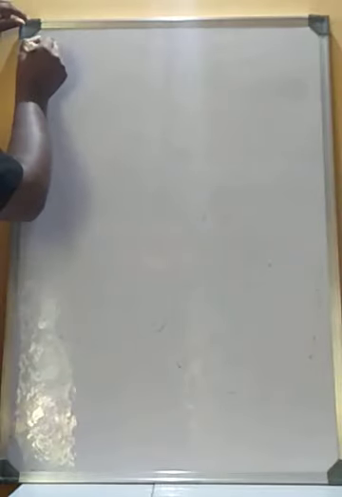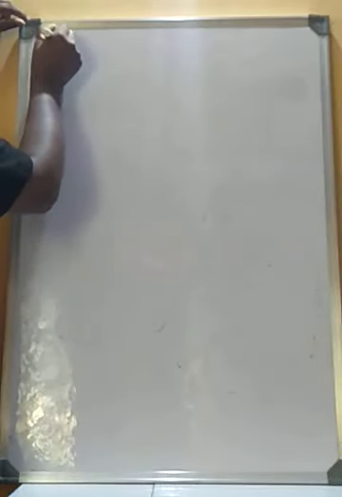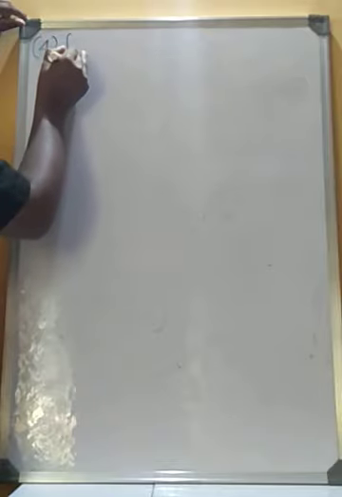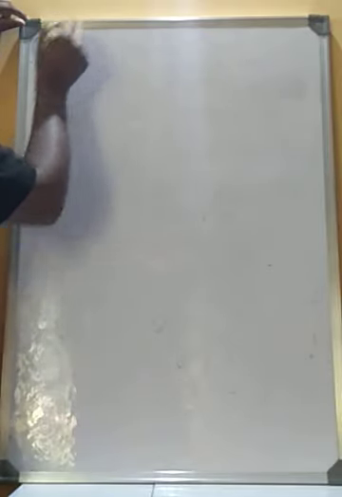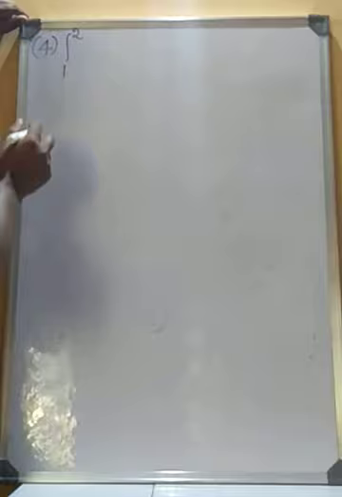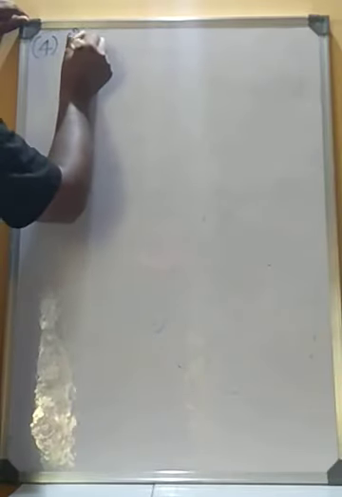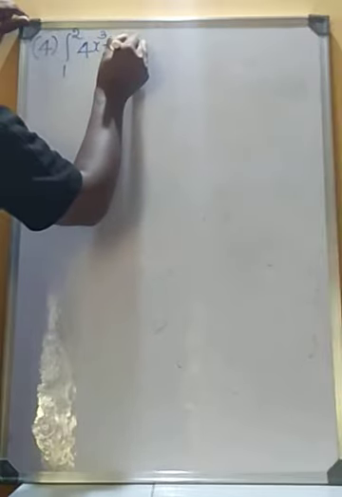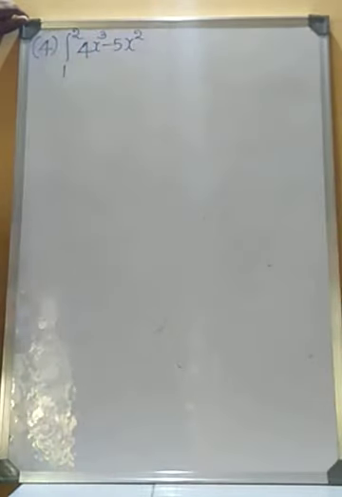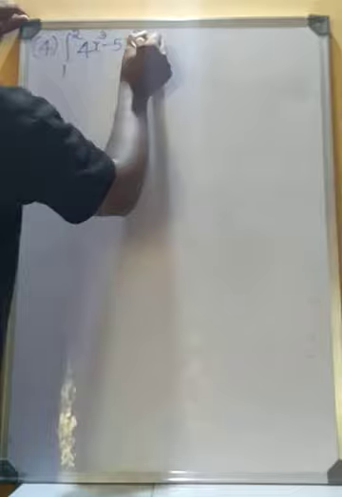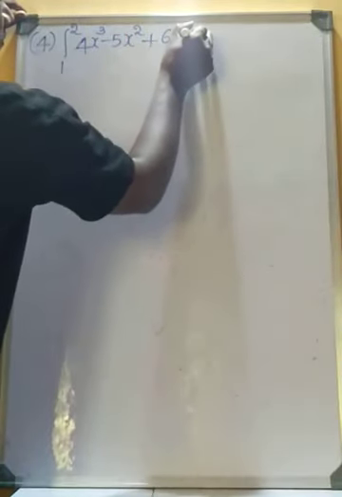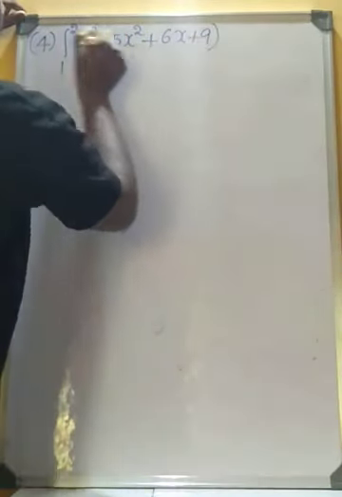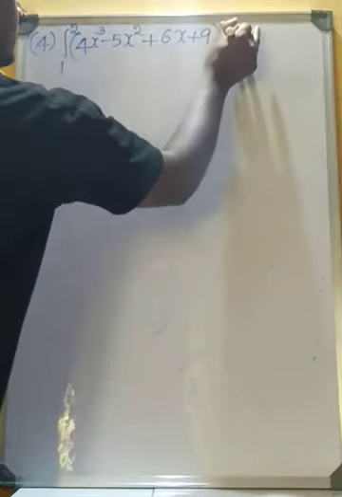The next example, example 4: the integral from 1 to 2 of 4x cube minus 5x square plus 6x plus 9 dx.